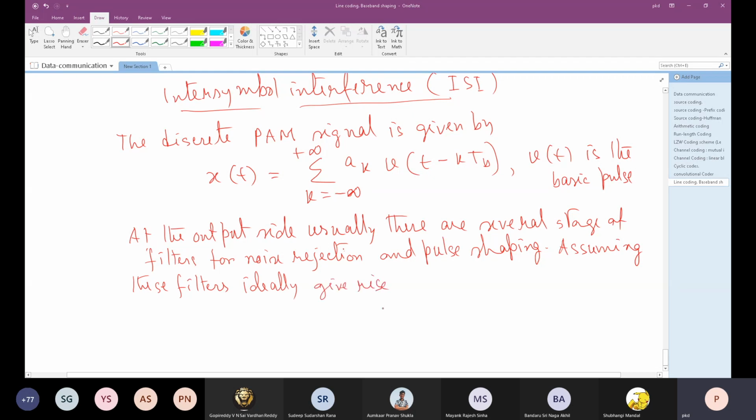Practically, there will be other terms, a phase term will also come, but those considerations will make it much more complicated. So we will assume that they give rise to a scale factor.